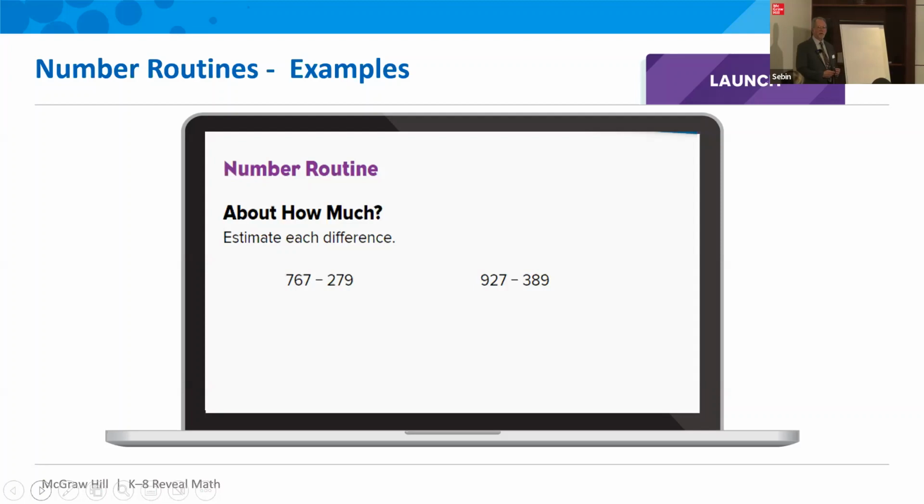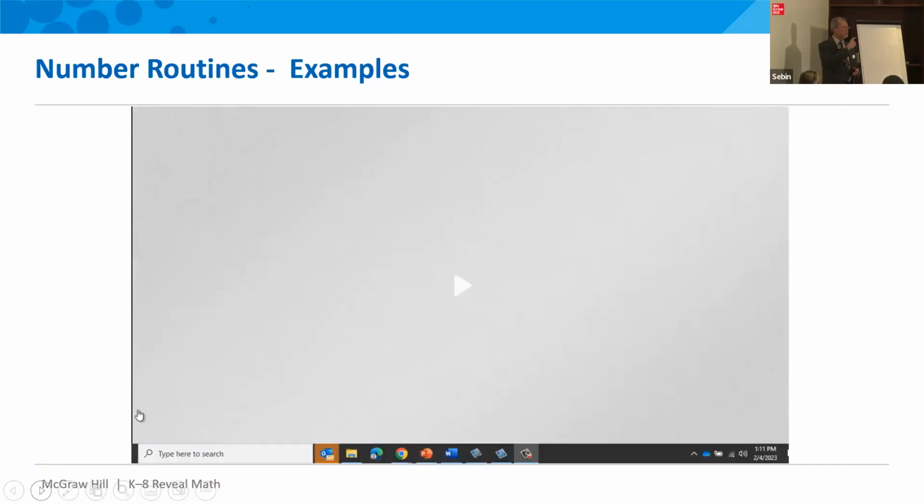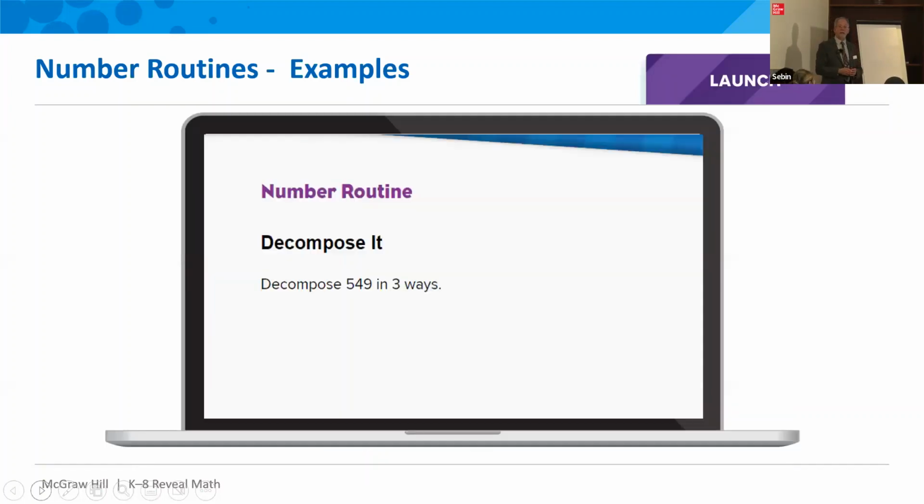Decompose it. This is one of my favorites. Decompose that number in three different ways. So this one I'd like you to try. Don't share it with each other. On the paper in front of you, decompose 549 in three different ways. Don't say it out loud.